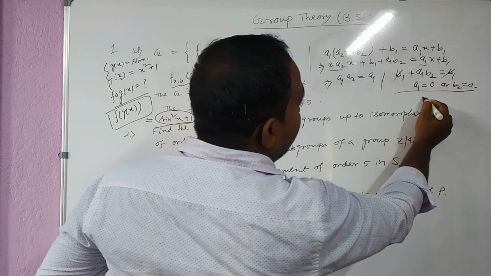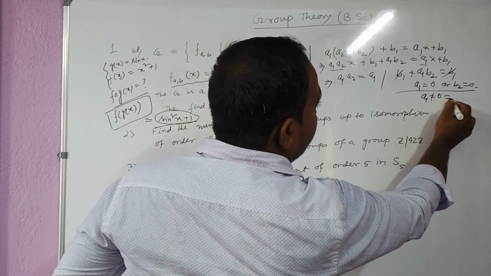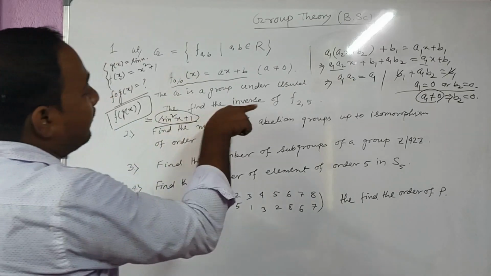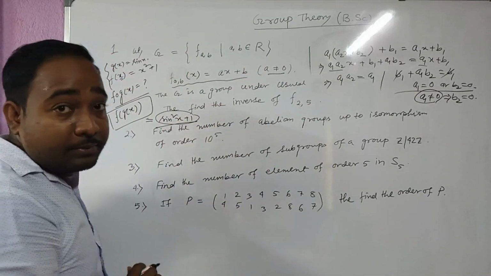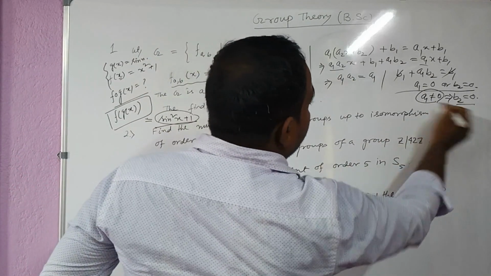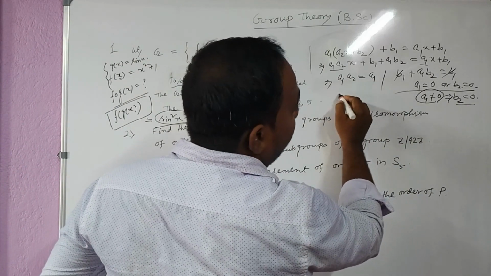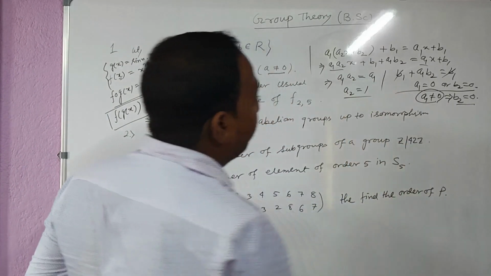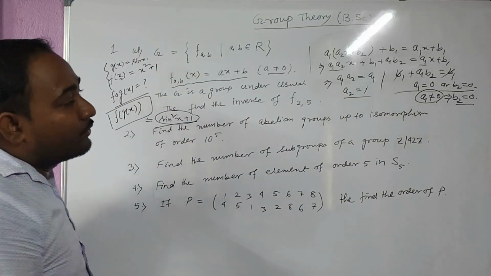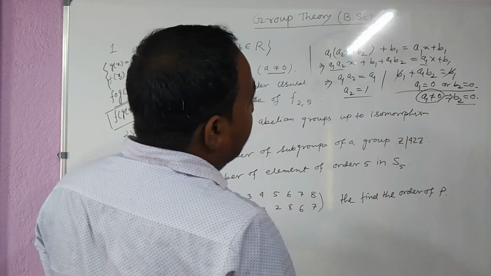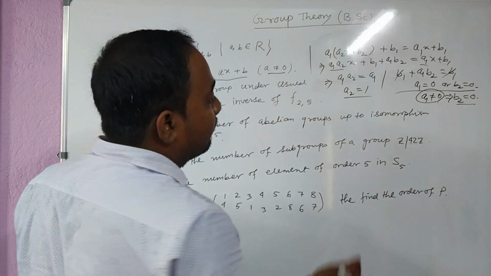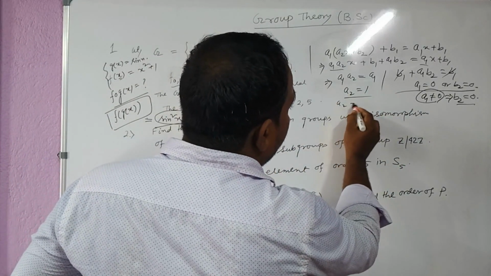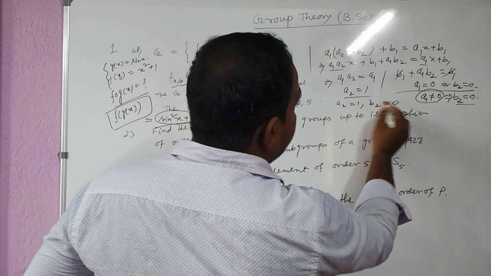Now since a1 is not equal to 0, this implies b2 equals 0. This is actually our given condition, that a is not equal to 0. So b2 is obviously 0. Also, since a1 is not equal to 0, a2 equals 1. So our identity will be a2 equals 1 and b2 equals 0.